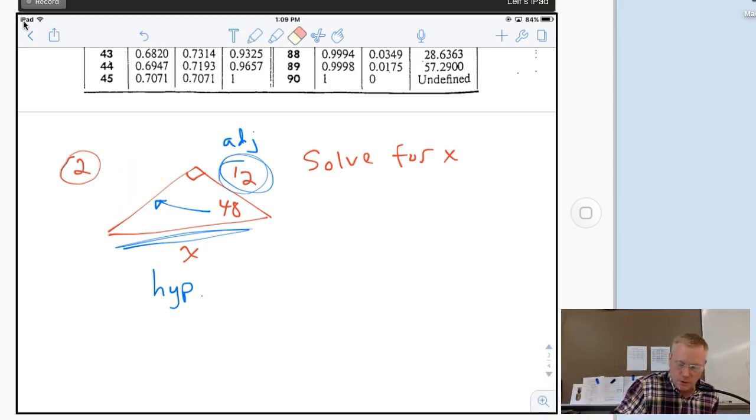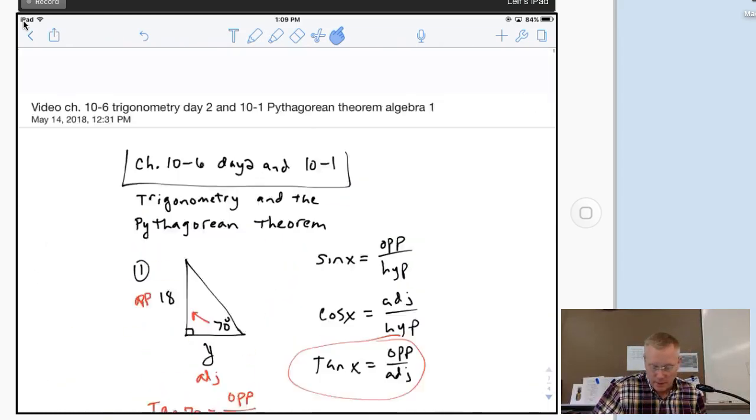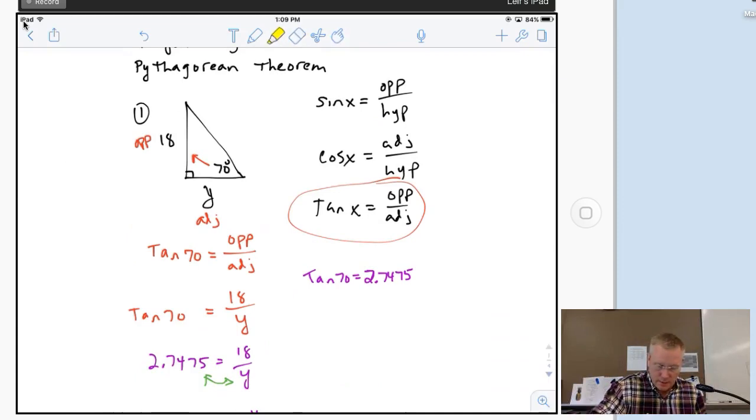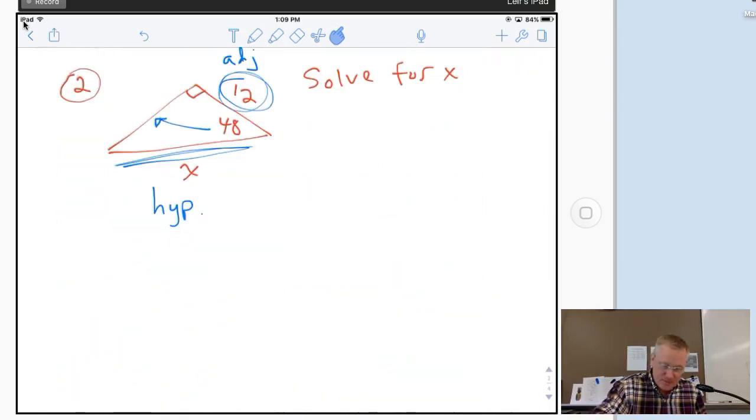So the adjacent and the hypotenuse. If you look back at your 3 ratios, the only one that has the adjacent and the hypotenuse in it is the cosine. Cosine has adjacent and hypotenuse. So I'm going to use the cosine of 48.